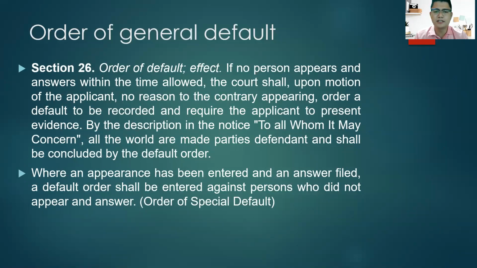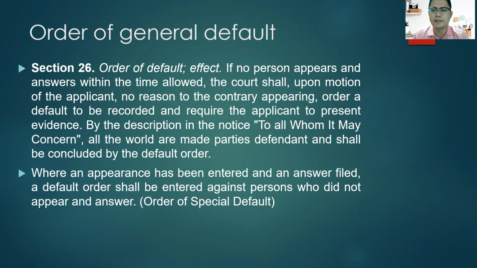By the description in the notice to all whom it may concern, all the world are made parties defendant and shall be concluded by the default order. Where an appearance has been entered and an answer is filed, a default order shall be entered against persons who did not appear and answer.